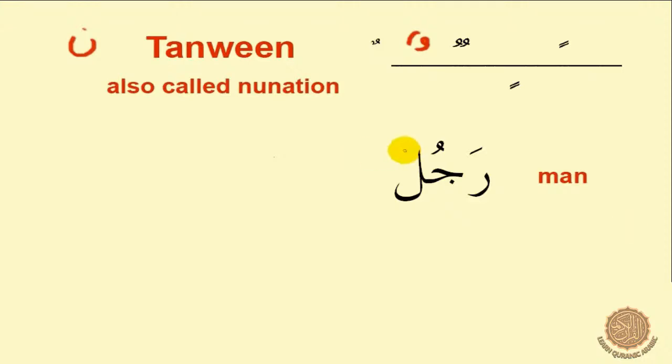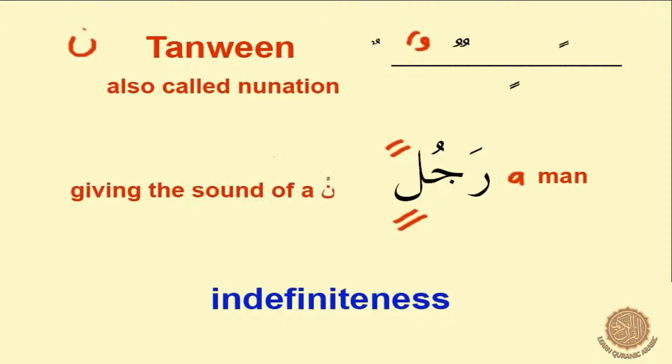Either the two dhammas, the two fathas, or the two kasras. So either rajulun, rajulan, or rajulin. They all indicate a man. So the main usage of tanween is indefiniteness. So it's giving the sound of a noon with a sukun at the end of the word.